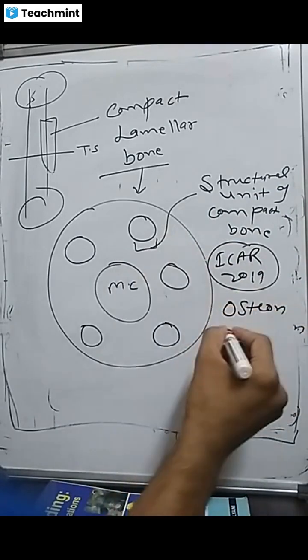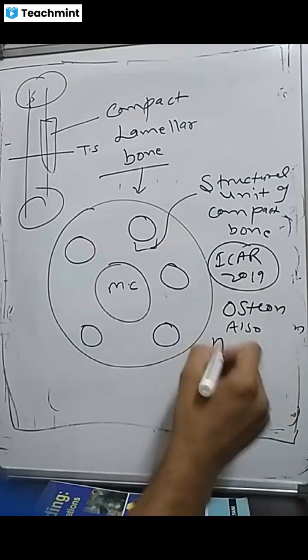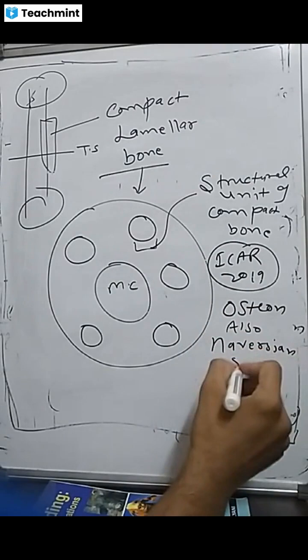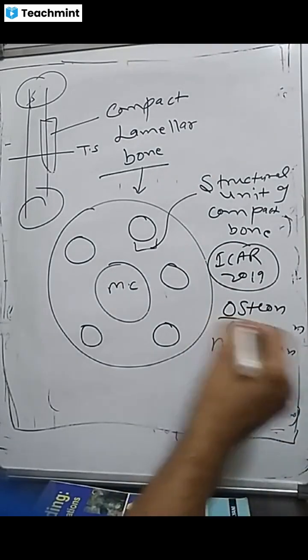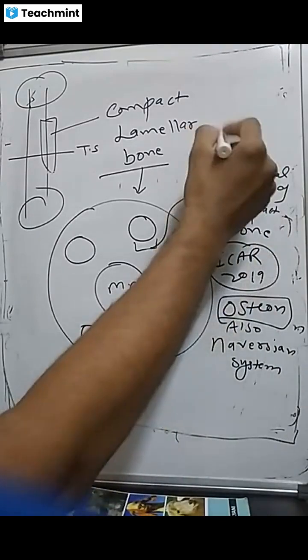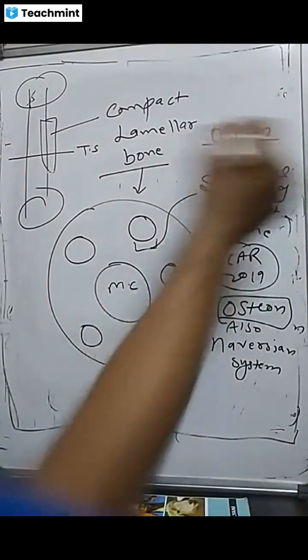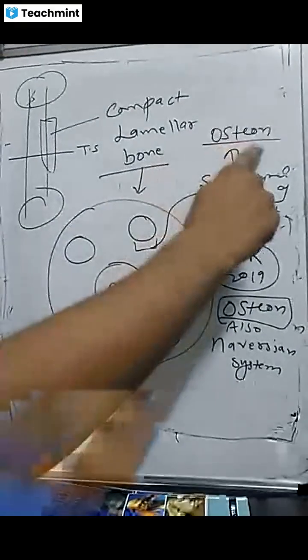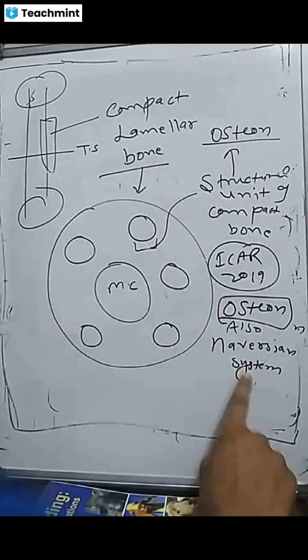osteon is also known as Haversian system. This structural unit is called the osteon, and the other name is Haversian system.